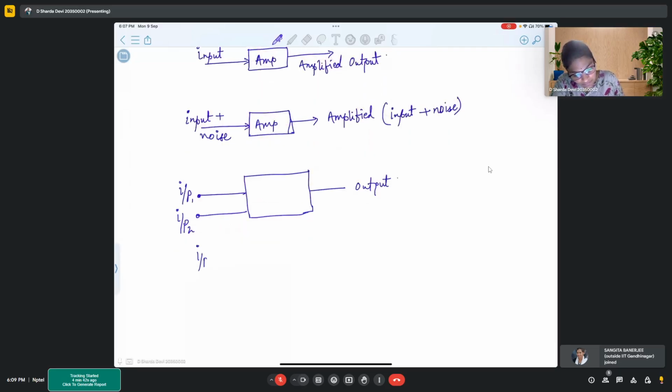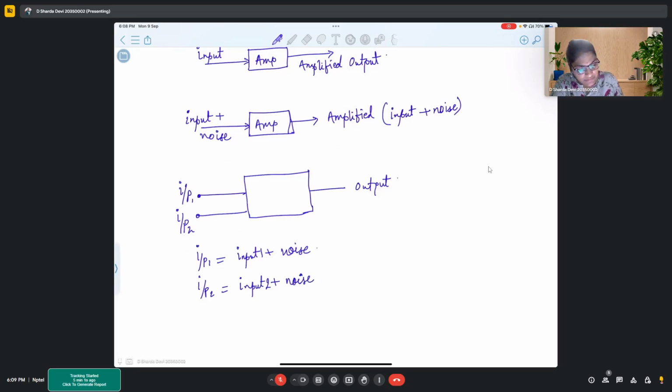Here input 1 is input plus noise, and input 2 is input 2 plus noise. Now the noise is of a similar order, the same noise, appearing through a similar kind of disturbance.